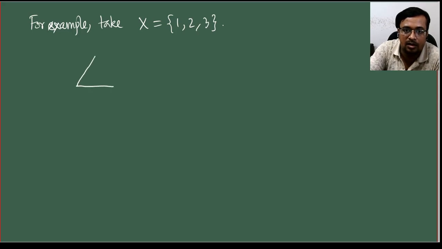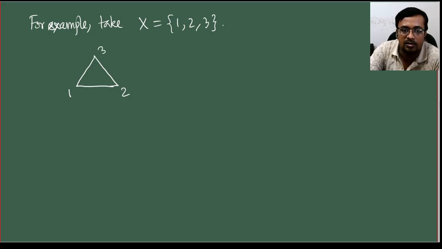So you take, for example, X to be the set {1, 2, 3}. Right? So basically, you may think of this as a triangle labeled 1, 2, 3.